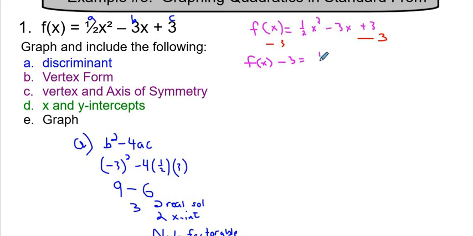Okay, and so then what we're going to do is factor out the lead coefficient, which in this case is 1/2. So how do you factor out a half? Well, to factor out the 1/2, you're going to divide negative 3 by 1/2, which would actually reciprocate and multiply and make it 6.